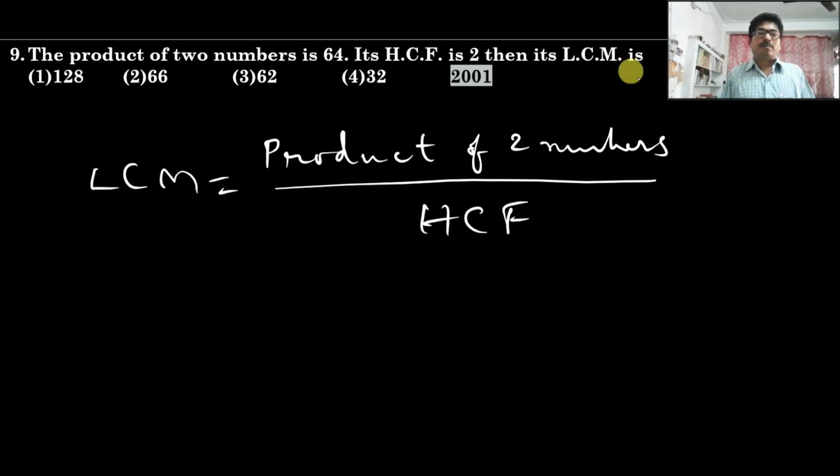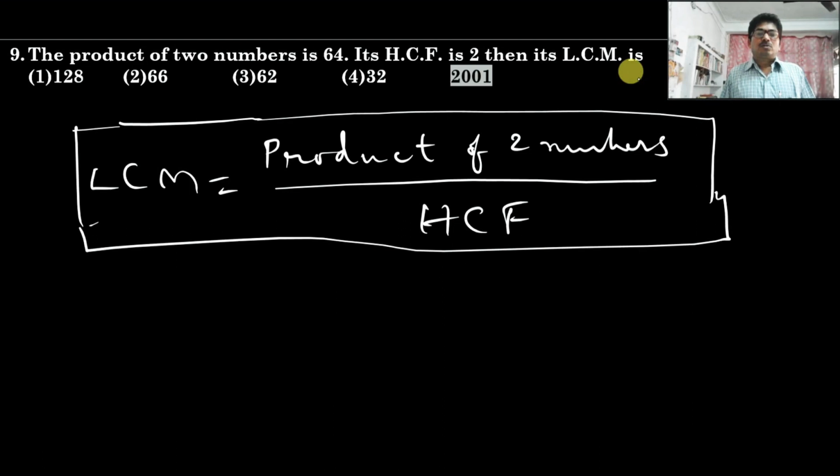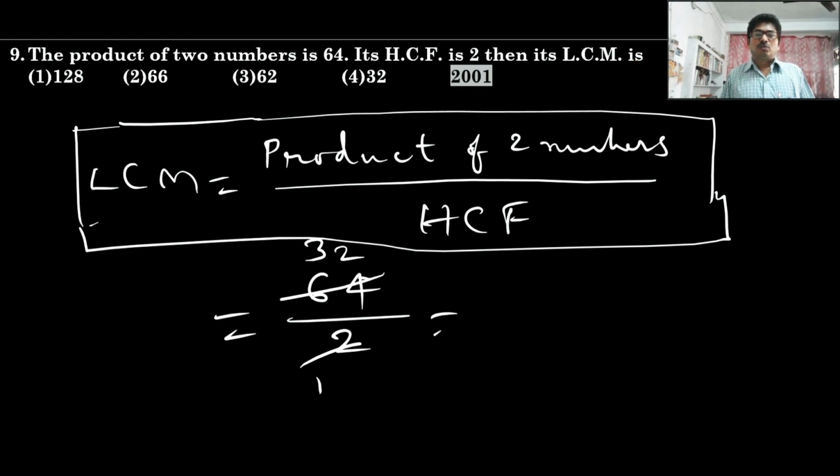This is the formula. So the product of two numbers is given directly, 64, and HCF is given, 2. 2 threes are 6, 2 twos are 4. So 32 is the answer, option 4.